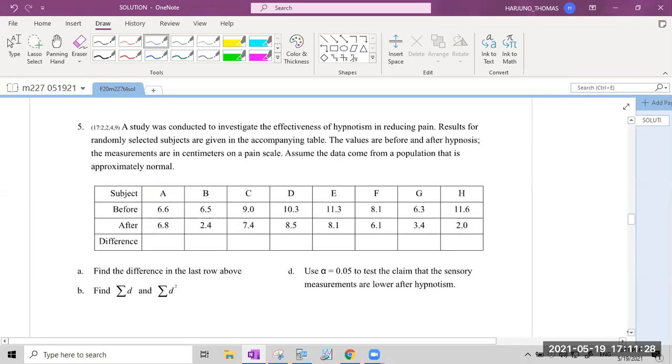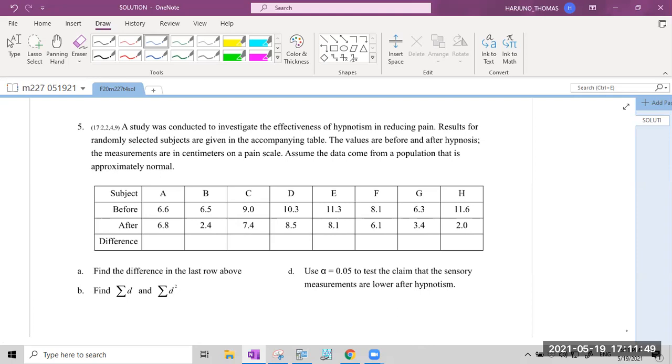Number 5. I will do this one more problem and then we will go to break. In a study conducted to investigate the effectiveness of hypnotism in reducing pain, results for randomly selected subjects are given in the accompanying table.